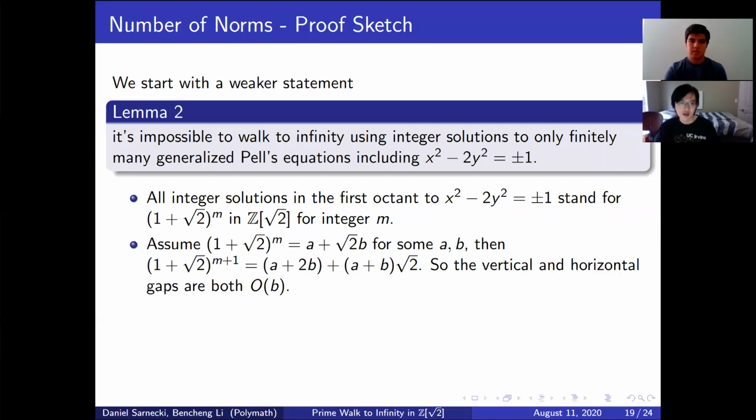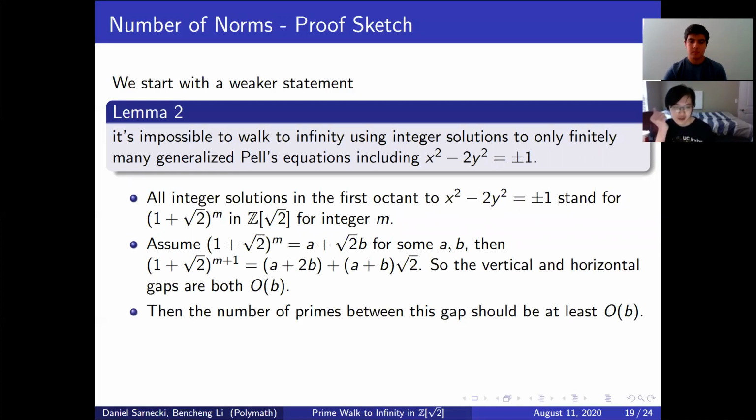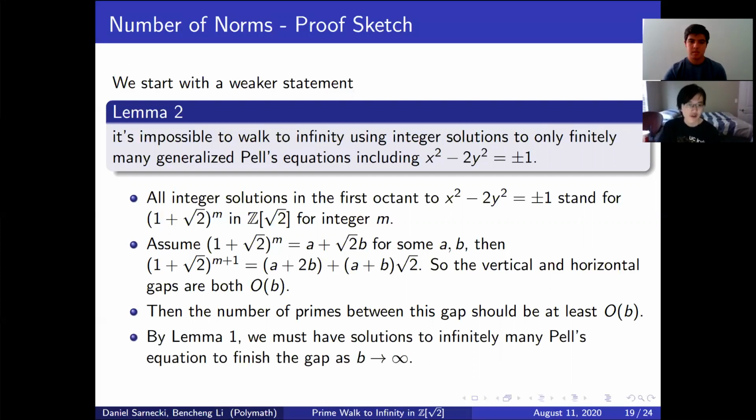And we assume that this number is equal to a plus root 2 b for some a, b, and then this number multiplied by 1 plus root 2 can be written as this form. And we notice that the vertical and the horizontal gap between these two numbers are both on the order of b. Therefore, in order to fill this gap with bounded step, the number of primes between this gap should be at least on the order of b. So therefore, by Lemma 1, we show that we must have solutions to infinitely many Pell's equations as b tends to infinity.